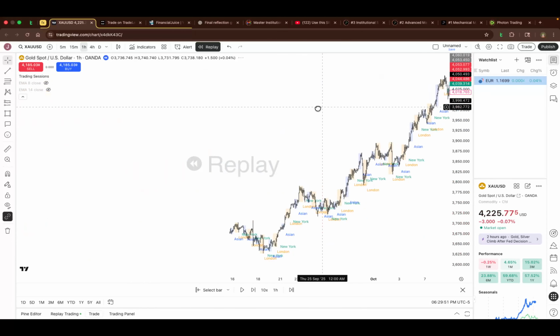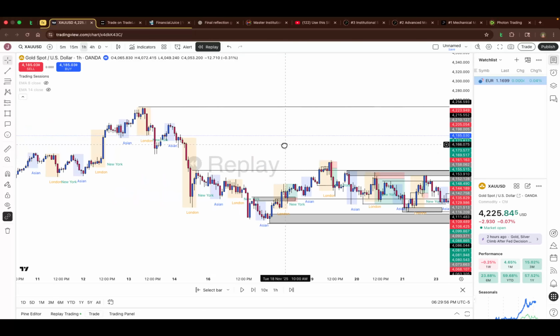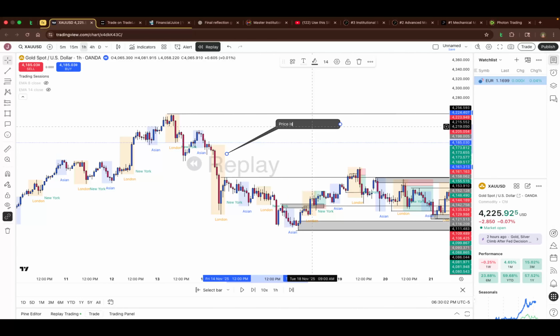Obvious bullish sentiment. We see price creating higher highs, then lower highs and lower lows. Bearish. And this could be seen here.